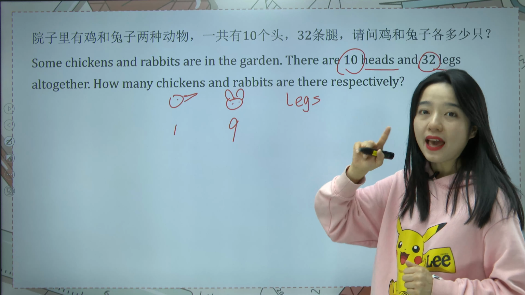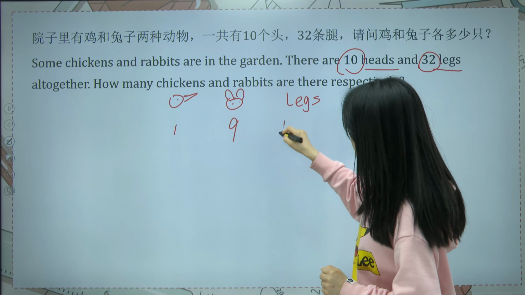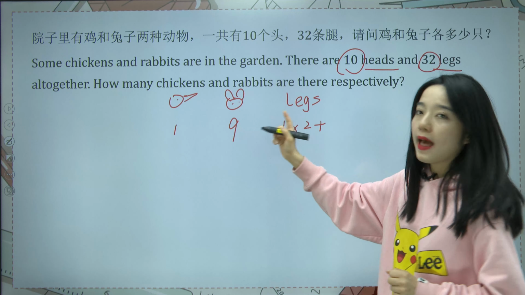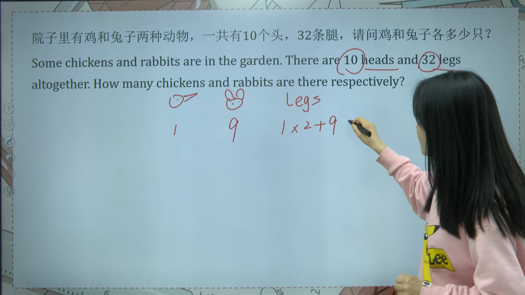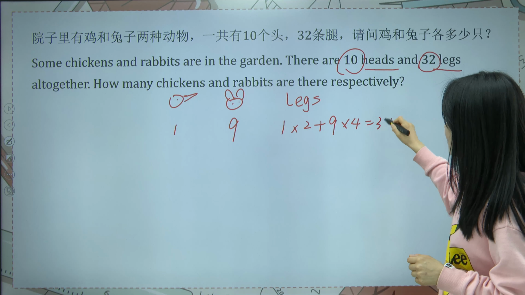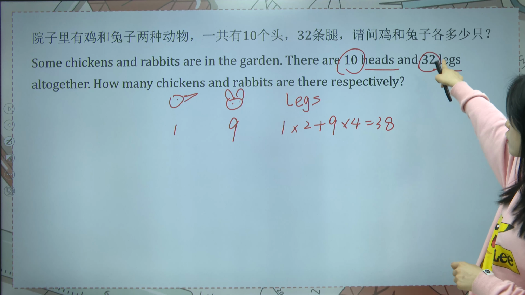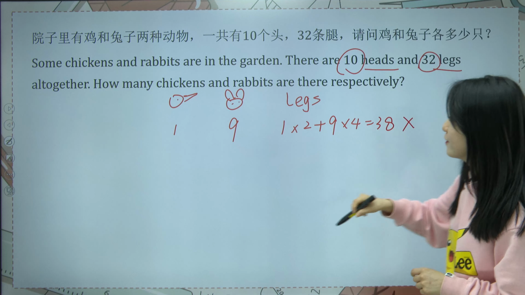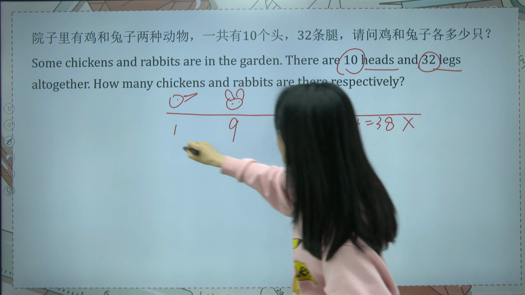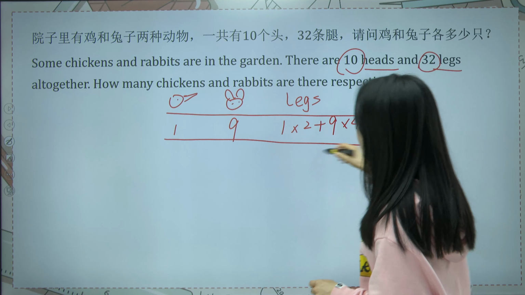And let's see how many legs. Every chicken has 2 legs, so 1 times 2, adding. Every rabbit has 4 legs, so 9 times 4, and altogether we have 38 legs. It's not 32, so it cannot work. Let's continue to list other possibilities in this table.